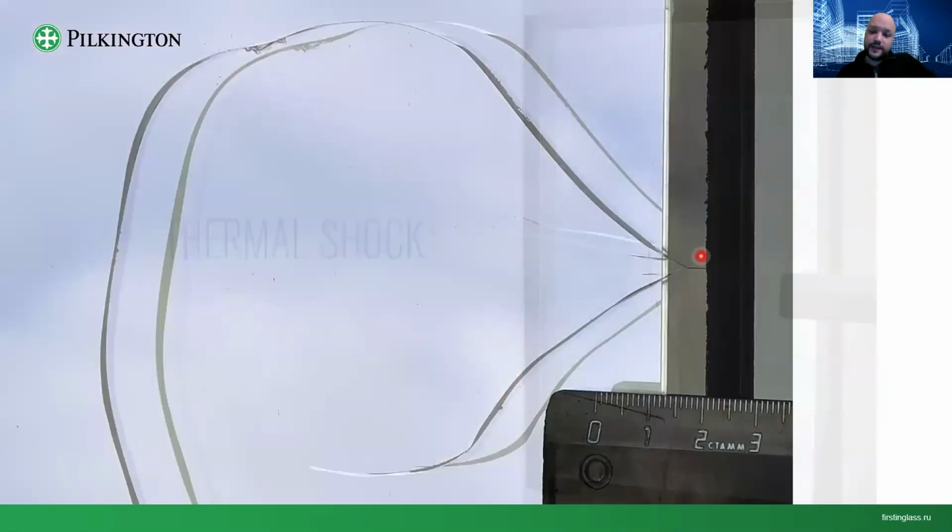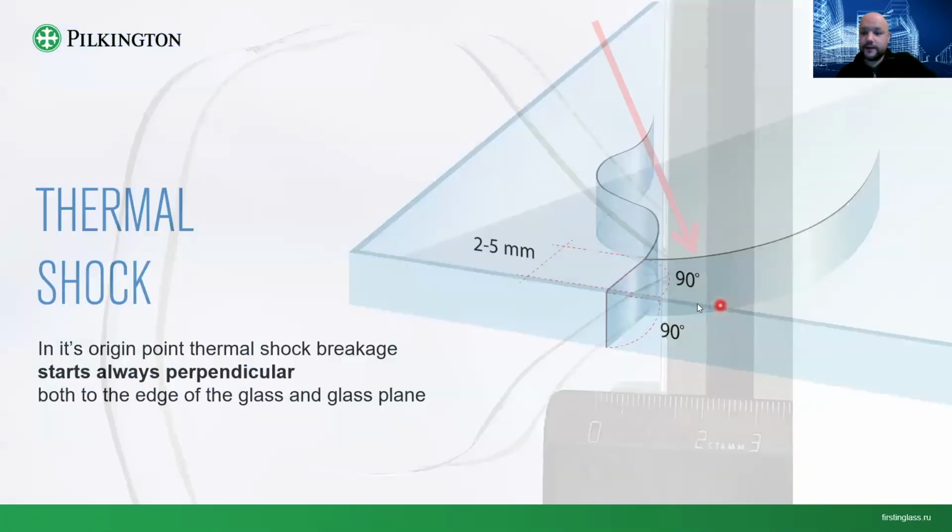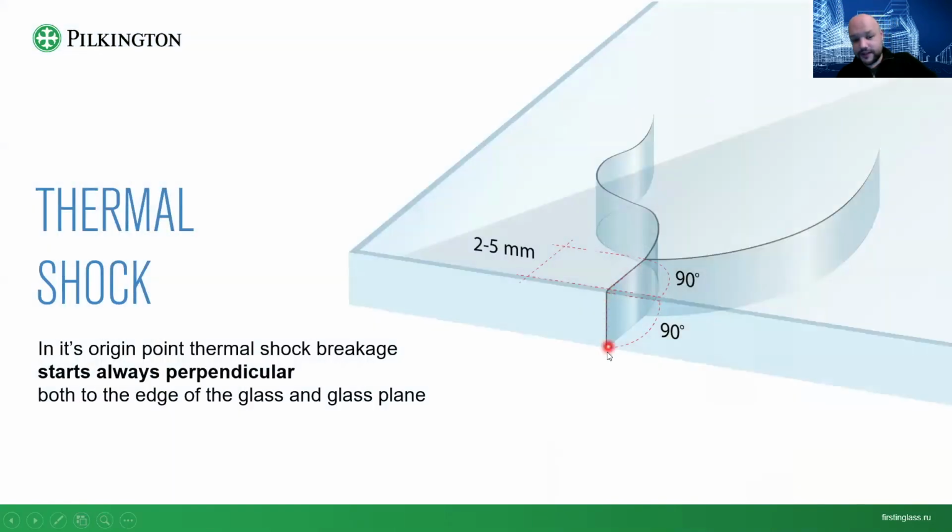And you can always identify it by the beginning of the crack. The crack always starts from the edge, and at the point of origin, it is perpendicular to both the glass edge and the glass plane. So the start is always 90 degrees, both to the plane and to the edge.